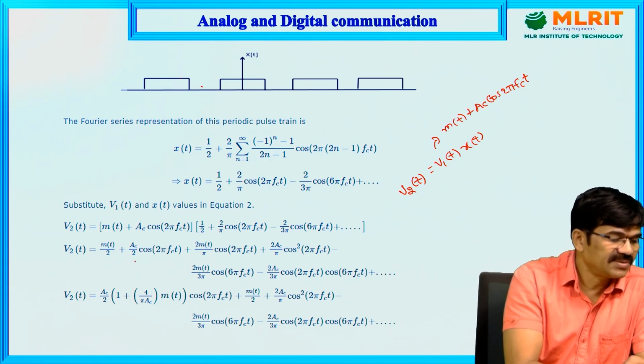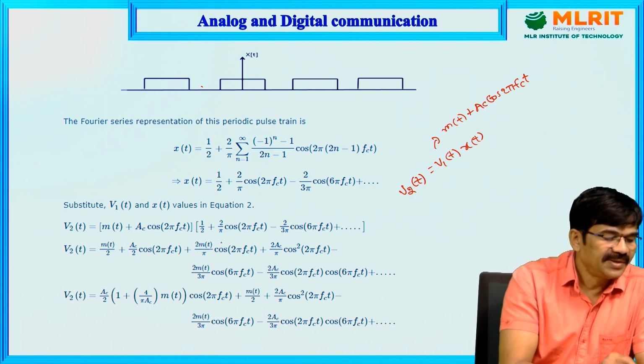So what is the value we are getting? m of t by 2, then Ac by 2 cos 2 pi fct. First m of t we are multiplying with 1 by 2, then Ac cos 2 pi fct also we are multiplying with 1 by 2.